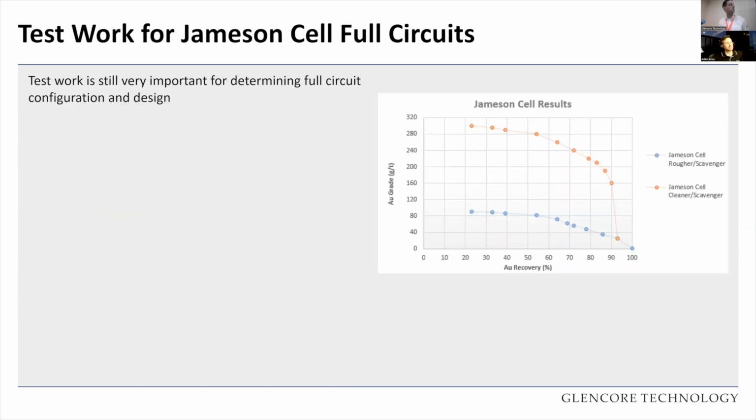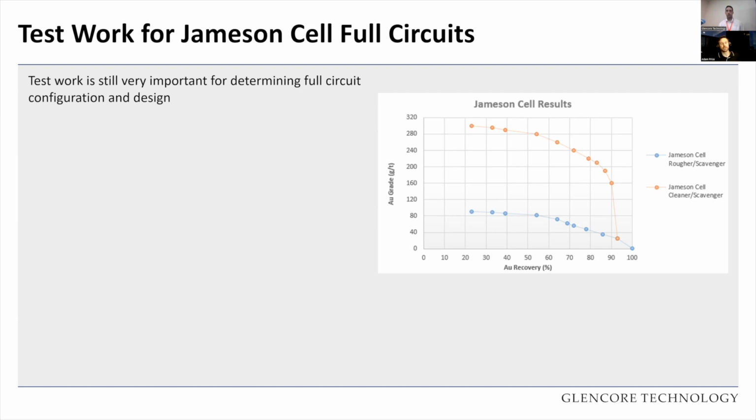So when it comes to test work for full Jameson circuits, Jon may have touched on this earlier, but essentially we can look at using our 3-stage dilution cleaner tests to establish guidelines for the results and the performance we may see.